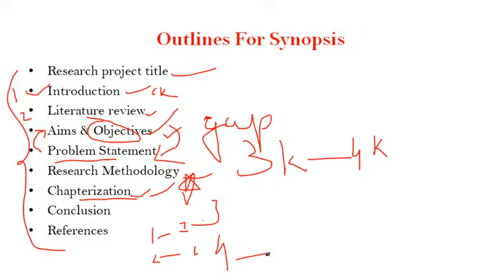And finally, the fifth one is talking about what? Findings, suggestions and conclusion. The synopsis should have at least 5 chapters depending on our research work. This we can call chapterization. And the final one is conclusion.